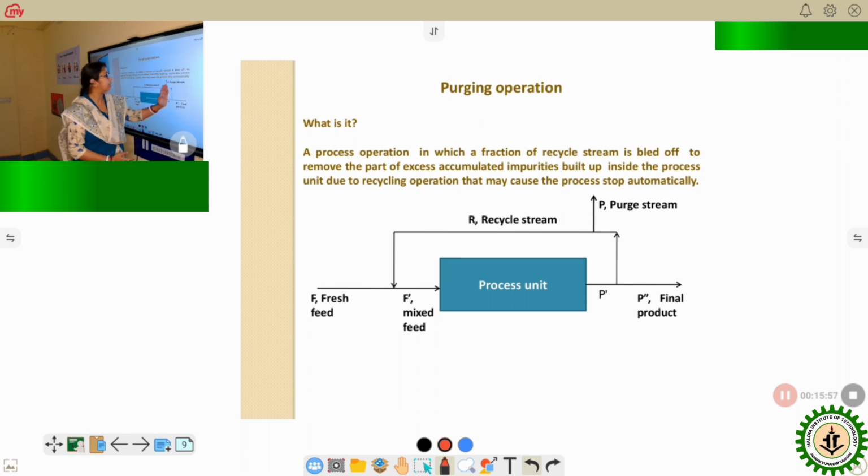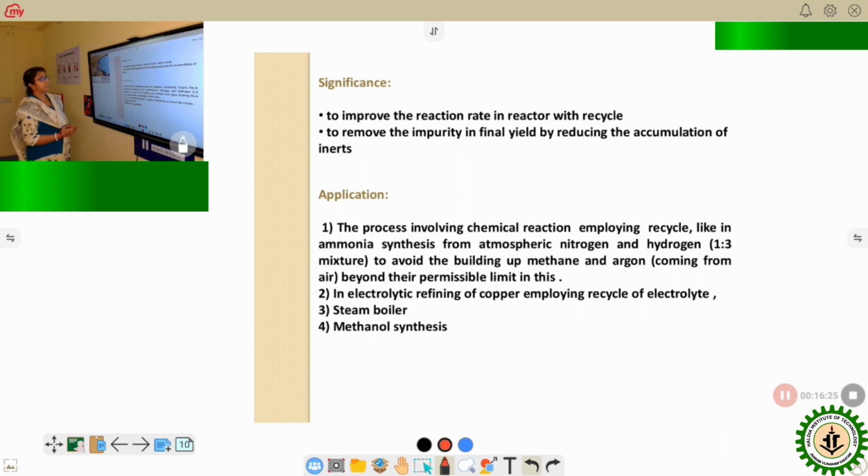Part of this is diverted as recycle stream, and another part is the final product, which is discussed already in my previous lecture, that is recycling operation. But here, a fraction of recycle stream is bled off to avoid the accumulation of inert material, to improve the operation. Now, what are the significances?